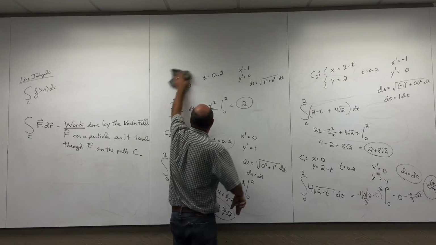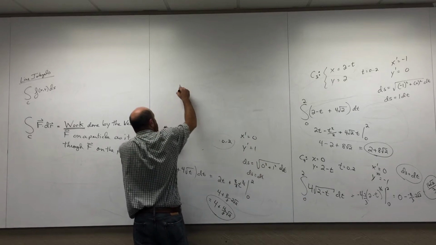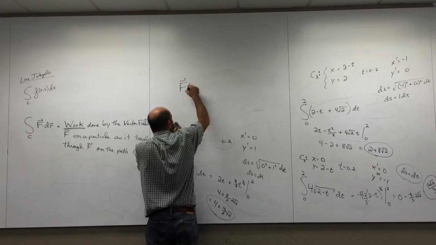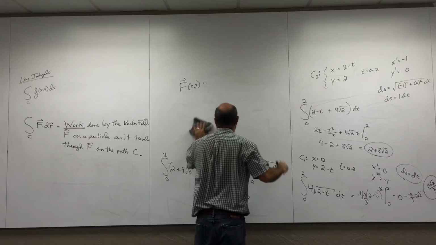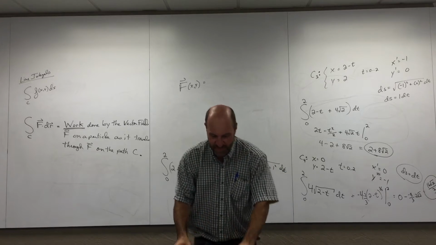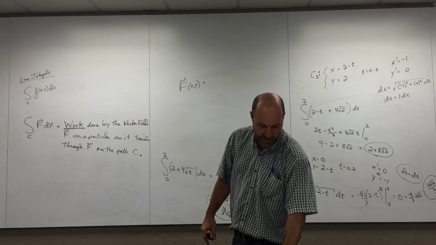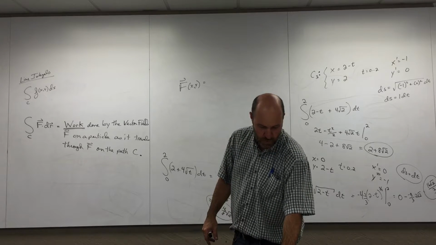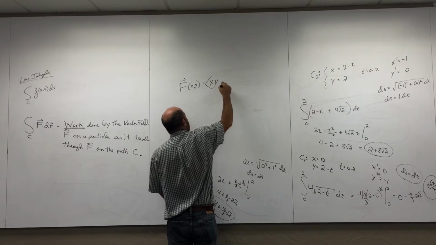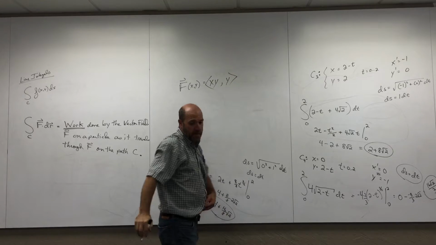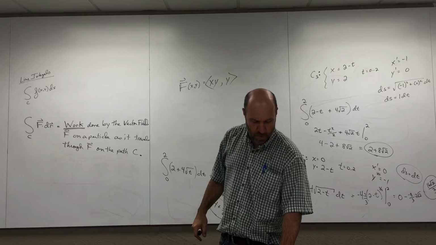Let's do one. What do I got to do? I got to give you a vector field. Let's say we're doing this vector field. Let me see. I might just grab one of these out of the book here. The vector field is xy comma y, and I'm going to go on this curve.